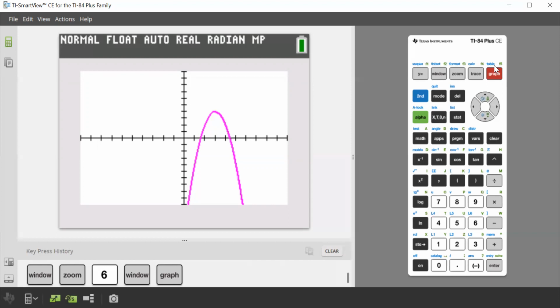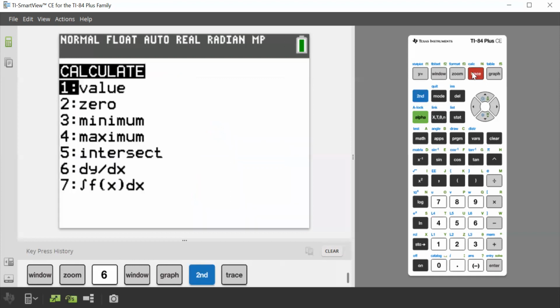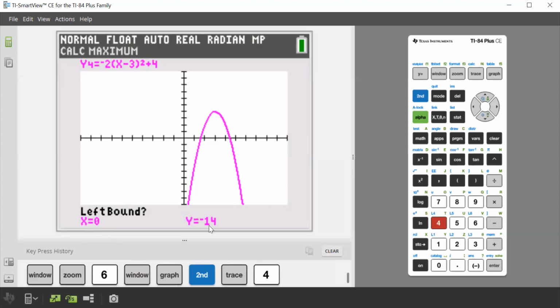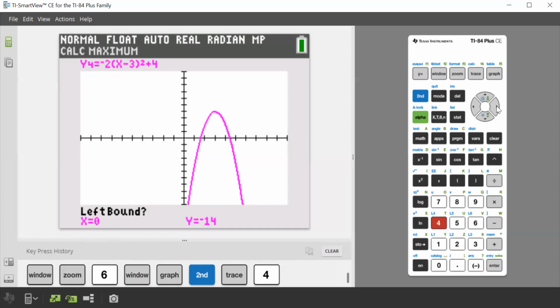Okay, the key things we want to find. The first thing we want to find is the vertex. Well, this thing has a maximum because it's opening down. So I go second, trace, and there's max, number 4. Now it says left bound, right bound. My cursor right now at the bottom is at 0, -14. So holding down left and right moves me.